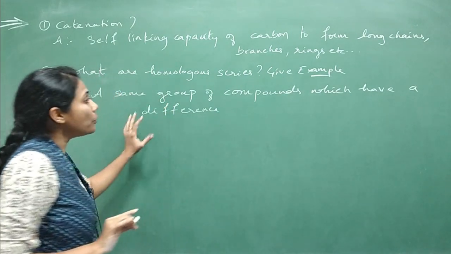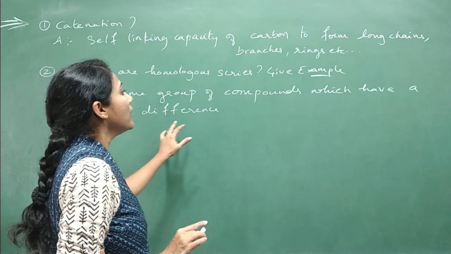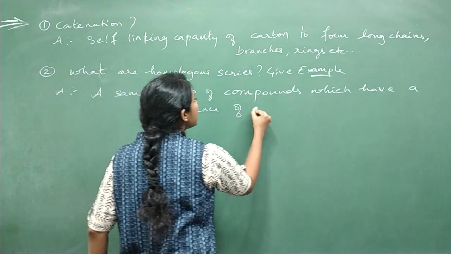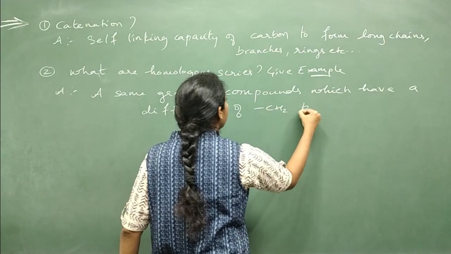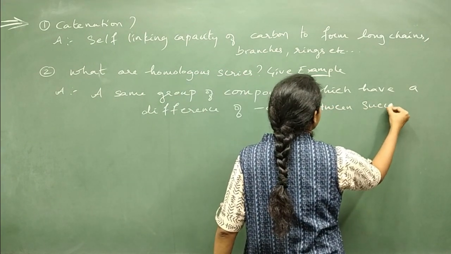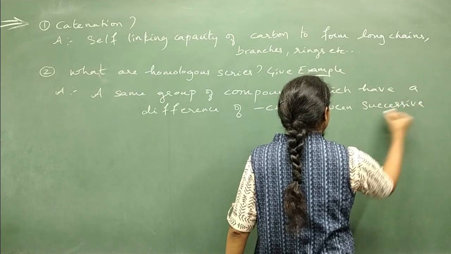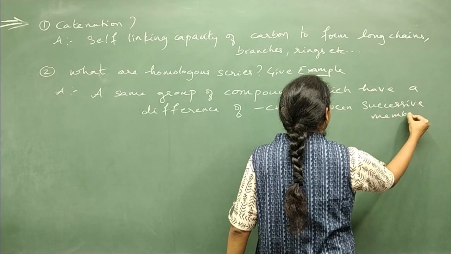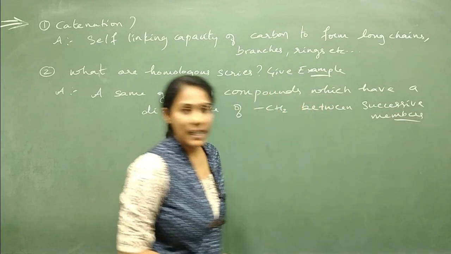A group of compounds which have a difference of CH2 between successive members is called a homologous series.